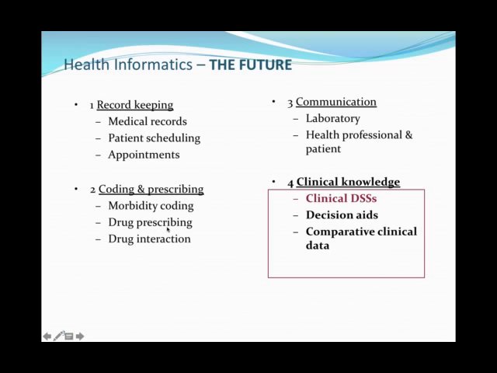A lot of times we can just send a medication online to a pharmacy now, and a lot of times even the computer will tell us different drug interactions, or we might be using an application on your smartphone to tell you whether any of the medications the patient is taking interact.